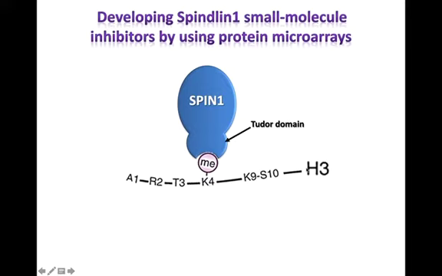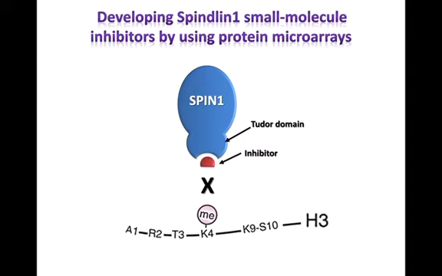So the aim, to understand the protocol and how we manage to experiment the interaction between a reader and the modification on histone, is to develop an inhibitor that blocks Spin1 from this methylated lysine 4. So that's the aim of this subtopic today.